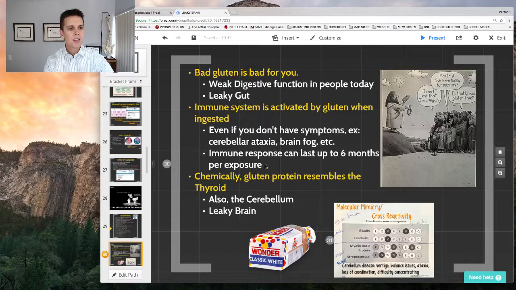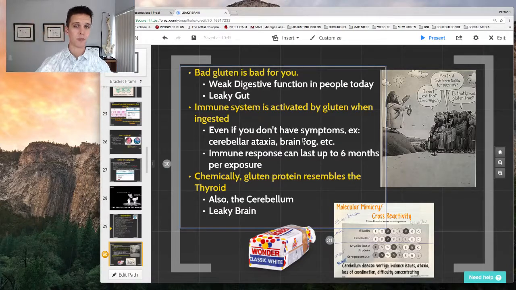So, one take-home point I really want to drive home is the concept of molecular mimicry. What scientists have discovered is that the gluten protein itself resembles not only the cerebellum, the part of our brain that controls a lot of our autonomic functions, but also our thyroid. So if you suspect that you have any thyroid symptoms, I want you to be gluten-free, dairy-free, soy-free.